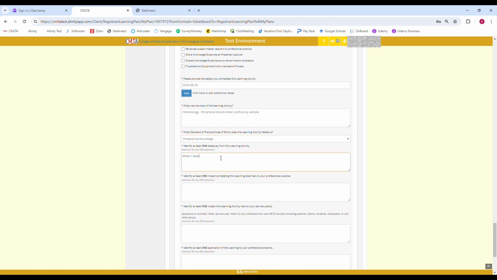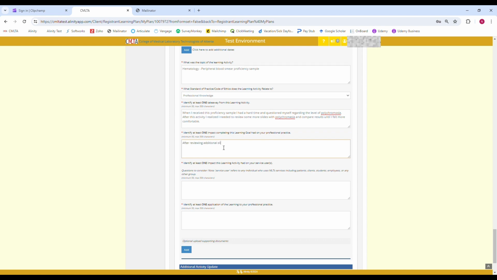The key takeaway from the learning activity was that when they received this proficiency sample, they realized they had a hard time and questioned themselves regarding the level of polychromasia. After this activity, they realized they needed to review some more slides with polychromasia and compare results with other MLTs until they felt more comfortable.